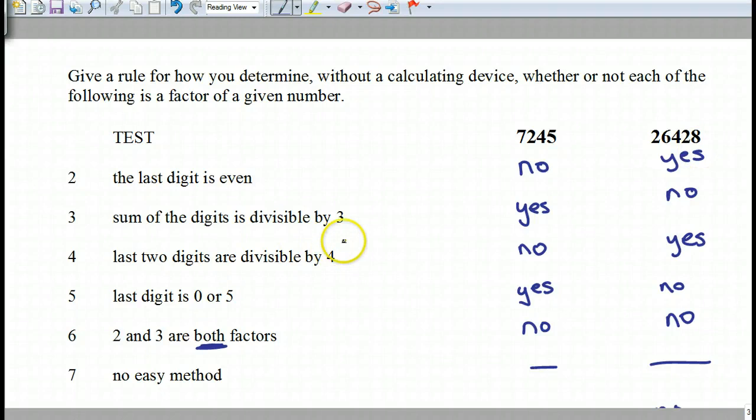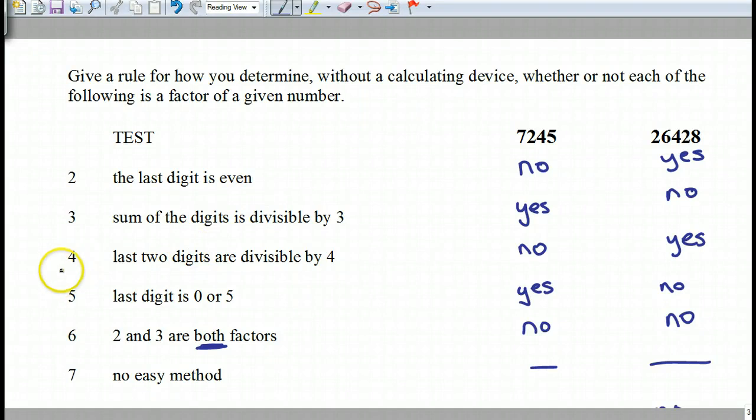Is 22 divisible by 3? No. That's why I put a no here. Oh, sorry, 2 plus 6 plus 4 plus 2 plus 8 is 22.